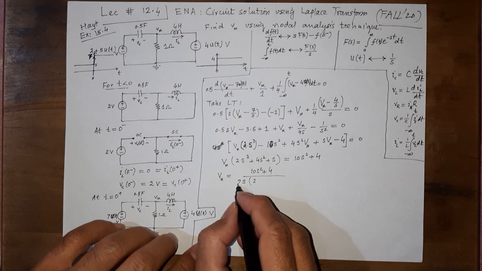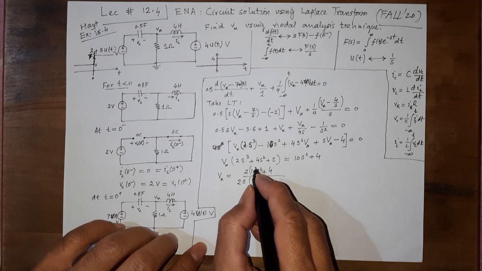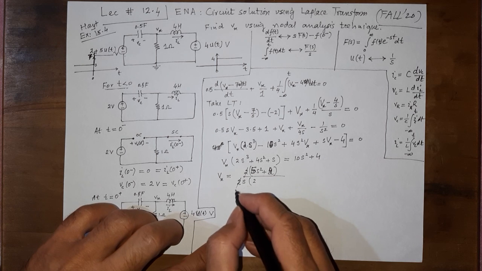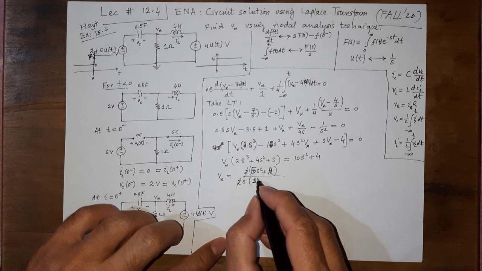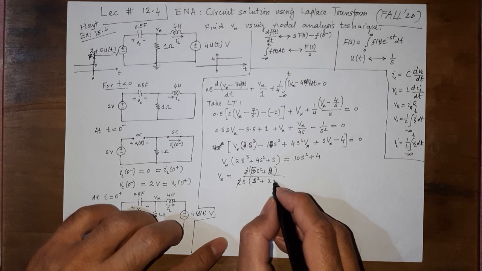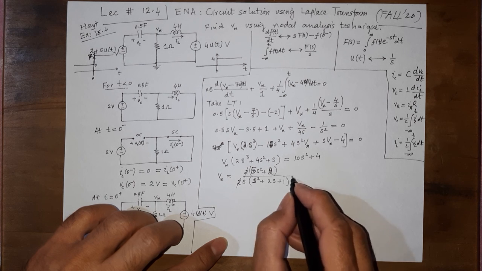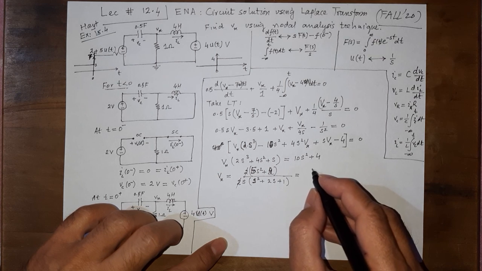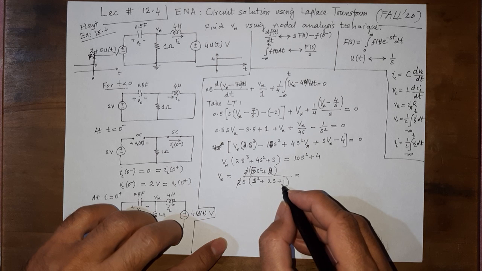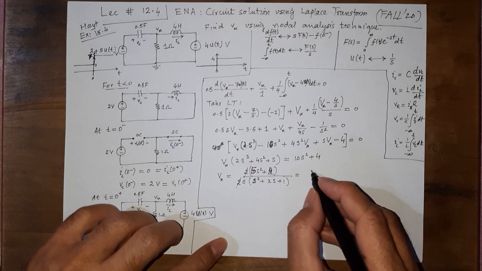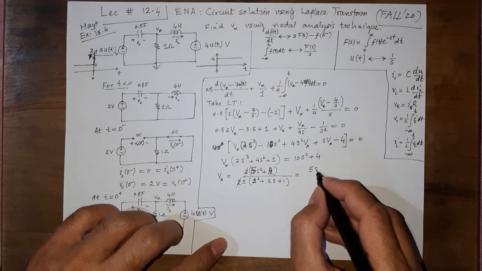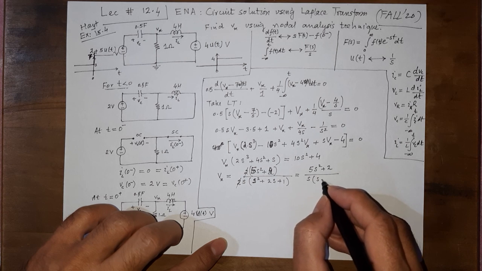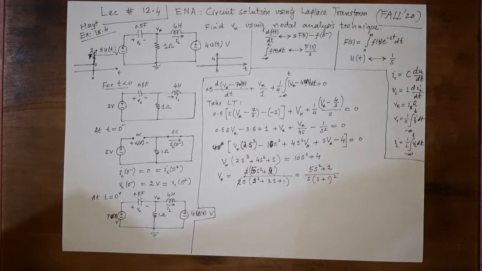This 2 can be brought out, so we can have this 2 from here as well. So we are going to get 5s square plus 2, so that these cancel out. So we got s square plus 2s plus 1, and we can factor this. What will be the factor here? It's s plus 1 whole square. 5s square plus 2 over s into s plus 1 whole square.